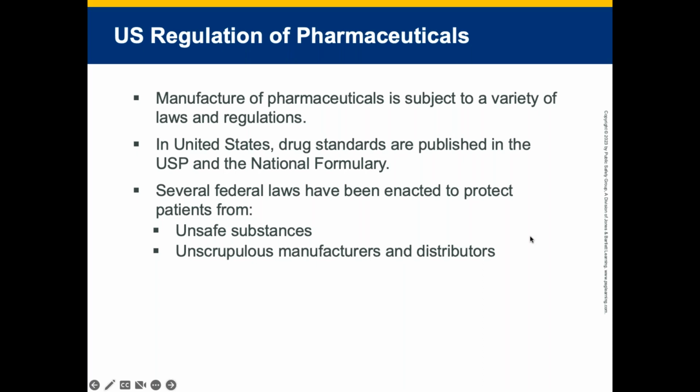They outline standards for drug manufacturers to ensure the drugs produced by different manufacturers are uniform in strength and purity. They also have standards published in the USP and National Formulary, which are several federal laws enacted to protect patients from unsafe substances as well.